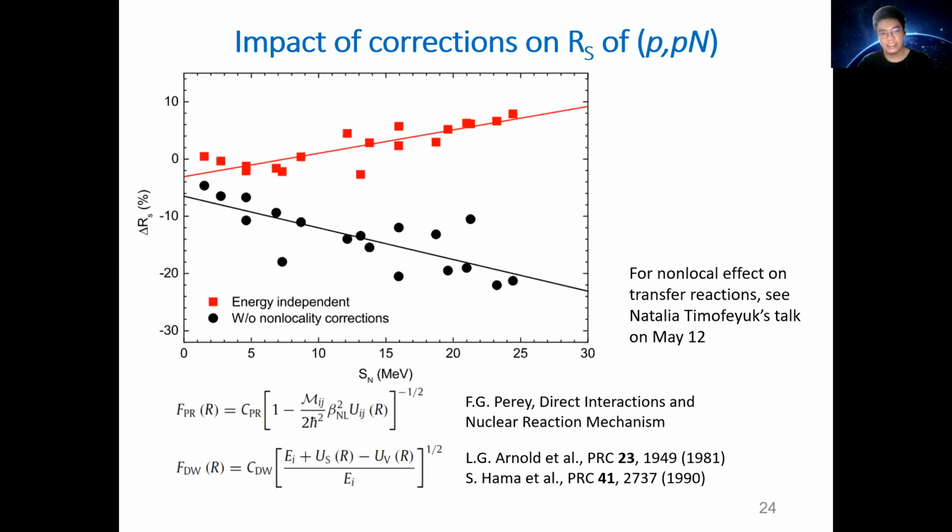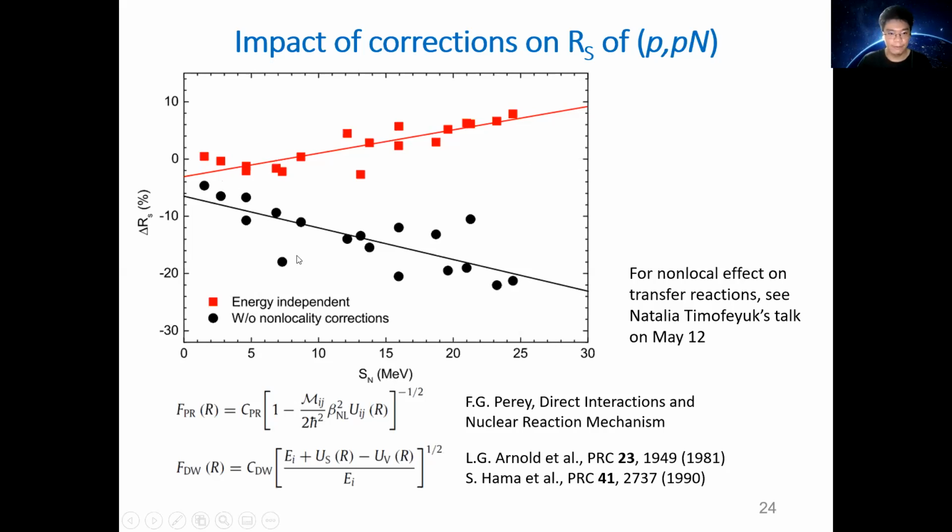Another important factor is that in some models, because it is technically difficult to implement the energy-dependent optical potentials, they choose energy-independent potentials chosen at half the energy of the incoming protons. So it also has some slight impact, up to 10% in some cases, depending on the separation energies. But more crucial is the non-locality corrections.